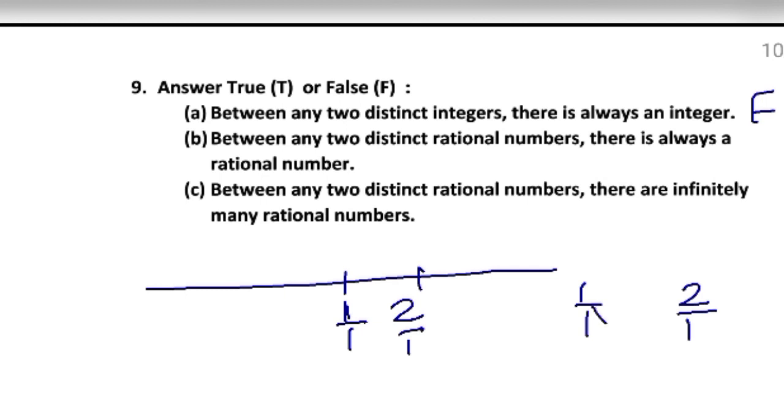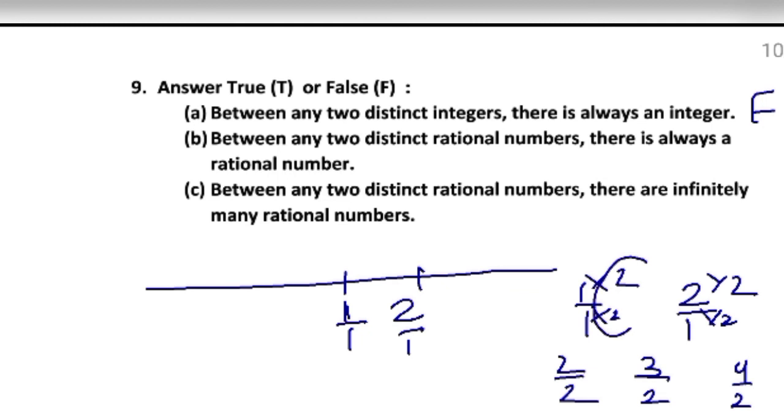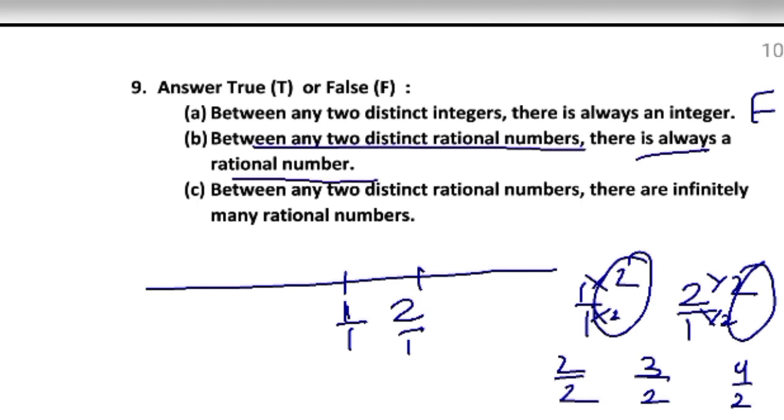Okay, you can multiply it by 2, 2, 2, 2. This is 2 upon 2 and this is 4 upon 2. Now we have rational number between them, 3 upon 2. If we multiply by any other larger number, we get more rational number between them. Okay, so between any two distinct rational number, there is always a rational number. True. हमेशा rational number हो सकता है. You can find any number of rational number between two rational numbers.